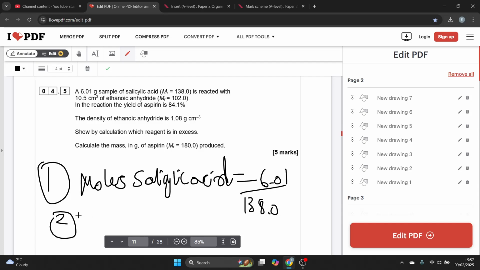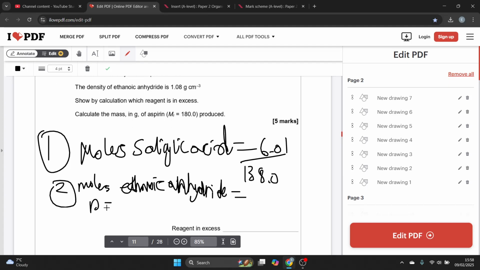Then I would work out the moles of ethanoic anhydride, and remember, label them. Tell the examiner what you're finding out the moles of, because they might be confused and then they might not give you the marks. Moles of ethanoic anhydride. Well, first thing I'm going to do is I know density is mass over volume.